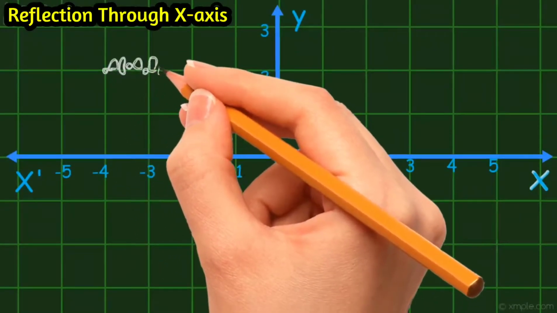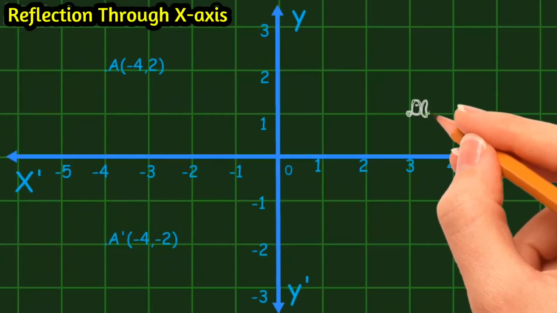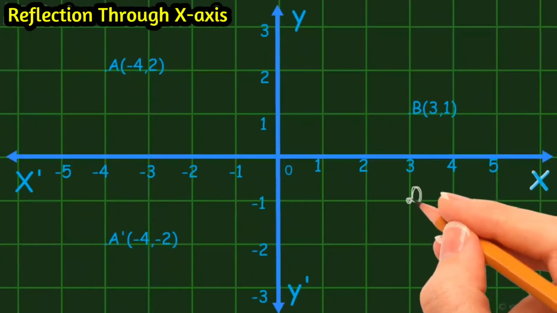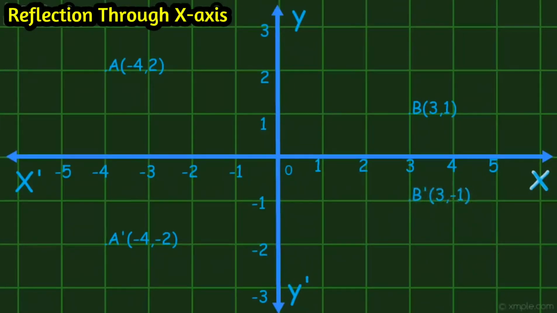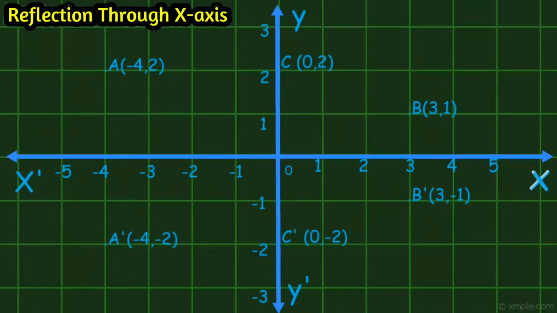Now A, its reflection is -4, -2. Reflection of B is 3, -1. Reflection of C is 0, -2. So what we have observed, when we reflect through x-axis, the sign of the y coordinate changes.